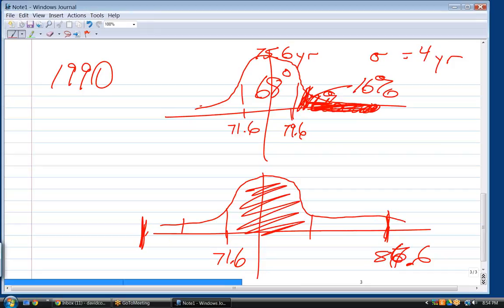So let's analyze this. If 68% falls there, 34% falls there, this part.